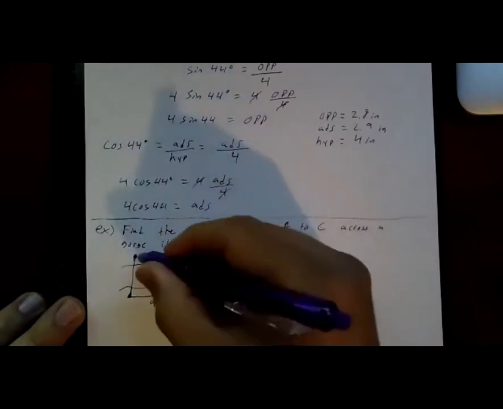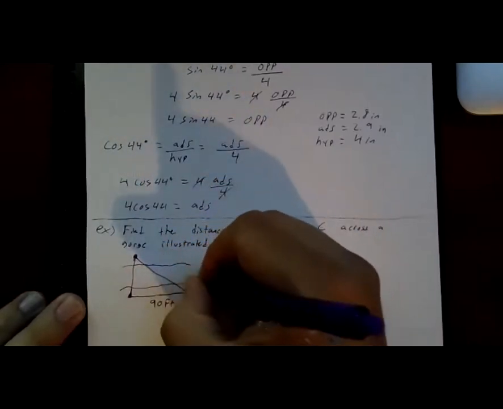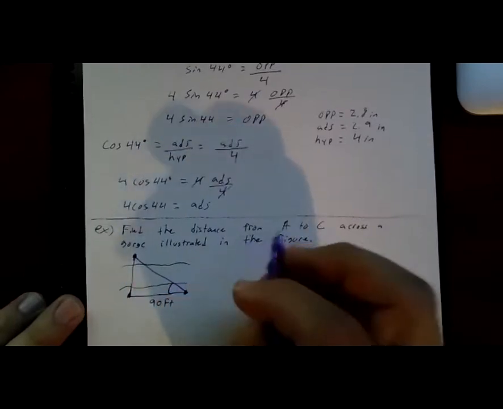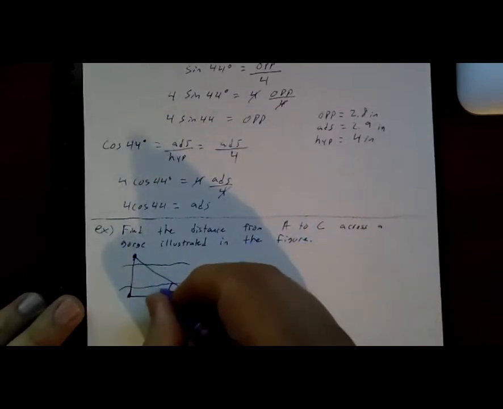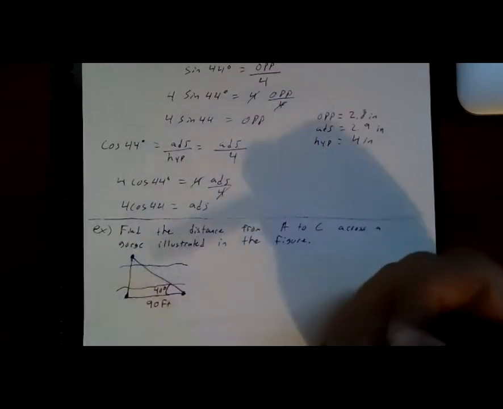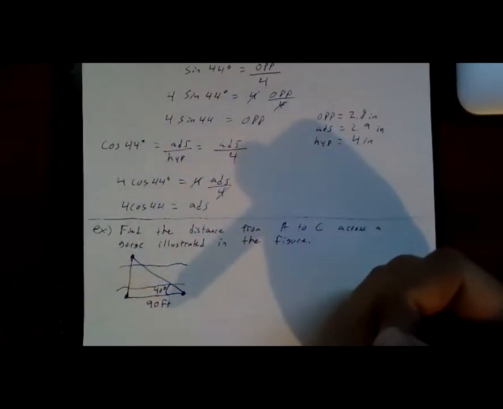We have this hypotenuse with an angle of 40 degrees. So if they ask you how far is that distance, well, just use your triangles, right? You just need to decide which trig function should I use.